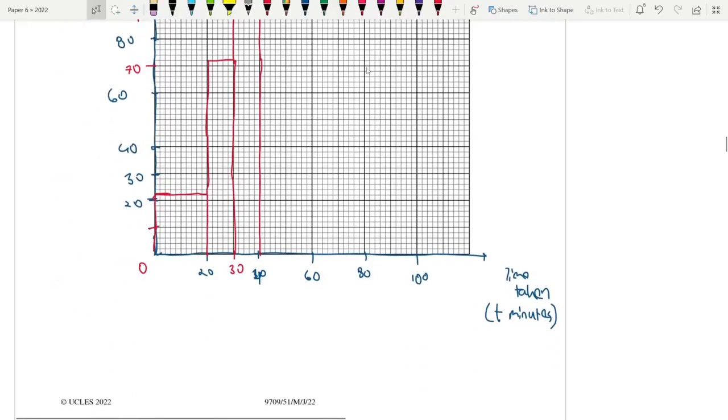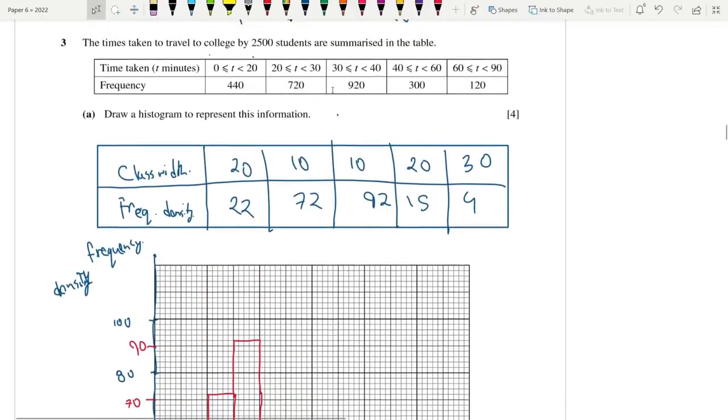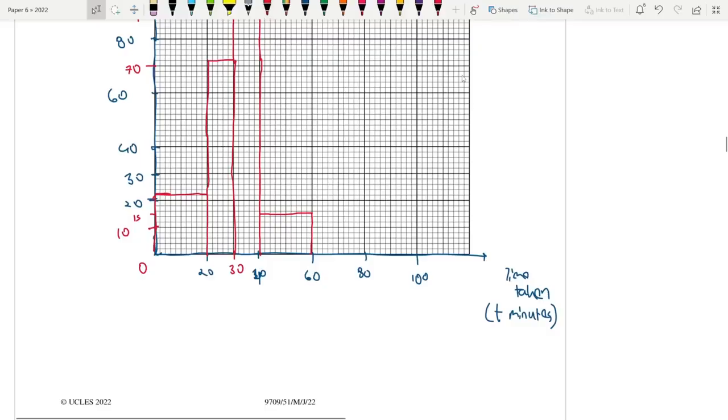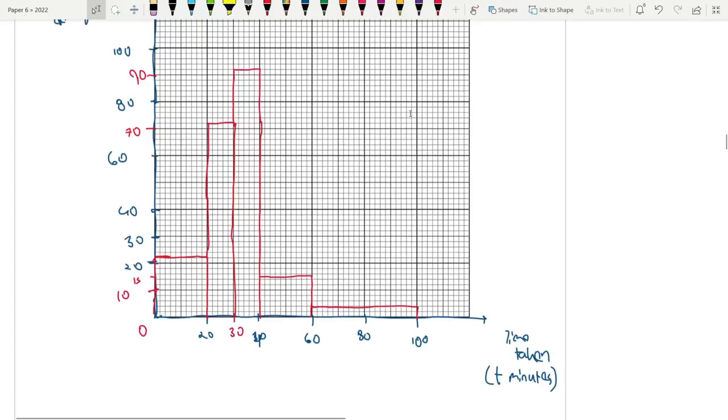This is 10, so 15 should be in the midpoint over here. Like this. You have your scale, it's going to be easier for you guys. And 60 to 90 is 4. So that's just 2 boxes. Like this. Okay, there you go.